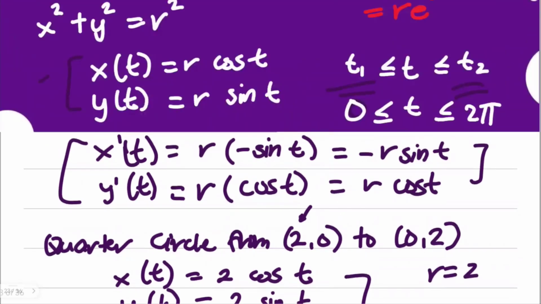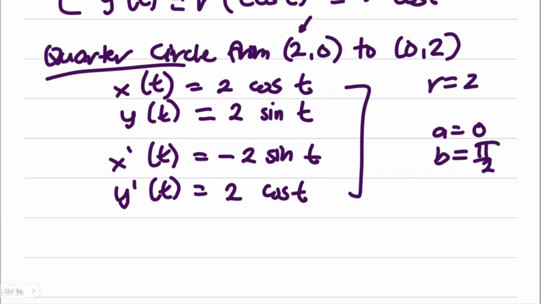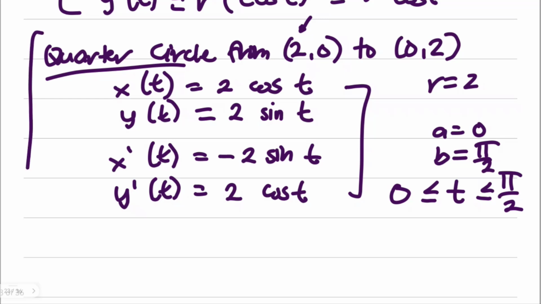Now for your a and b, because this is a quarter circle, a is 0 and b is pi over 2. Quarter meaning one fourth of the entire revolution, so that's 90 degrees, which in radians is pi over 2. That would mean your t starts from 0 and ends at pi over 2. This would be the situation if this is the given.